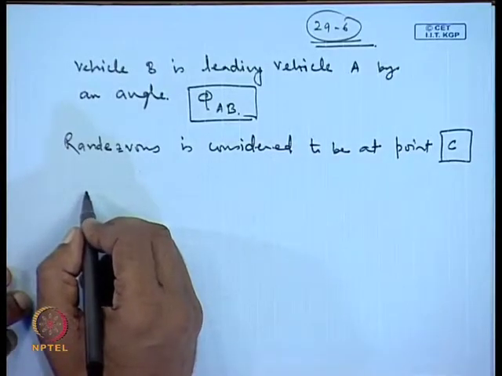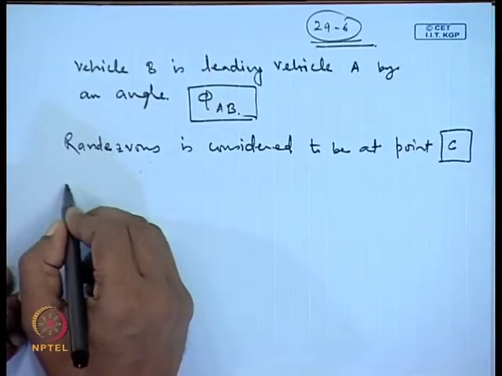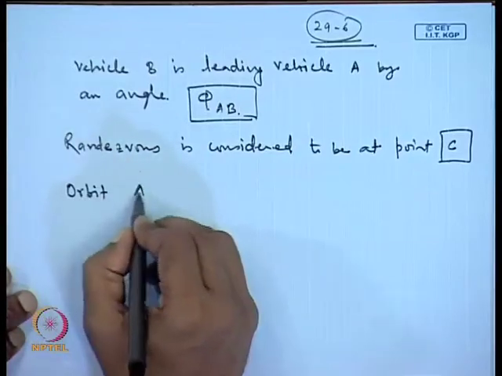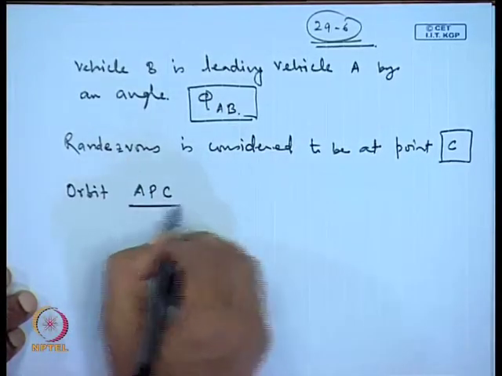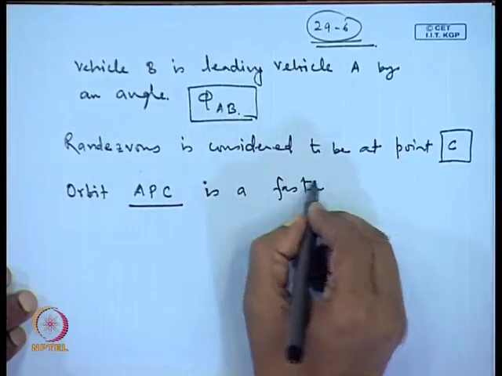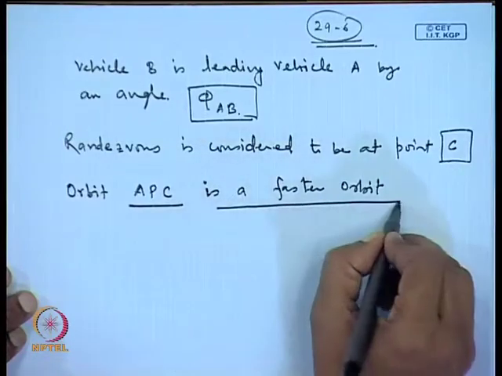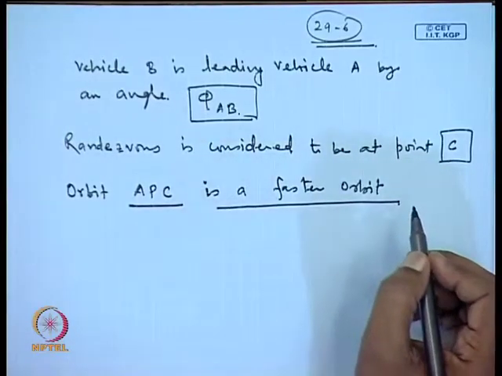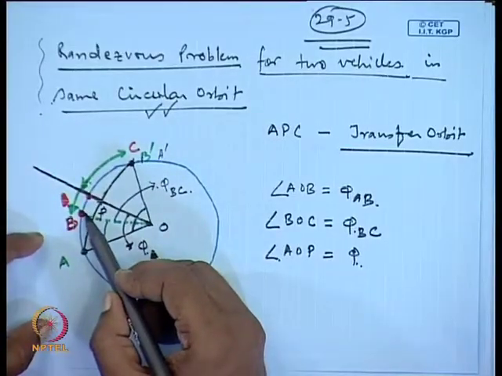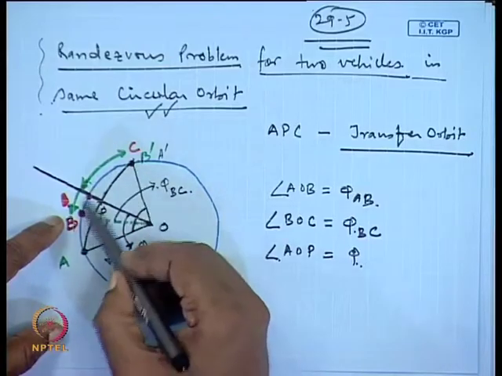So, your orbit APC is a faster orbit, because it is covering a larger angle in the same time as the vehicle B or the satellite will be covering a smaller angle.